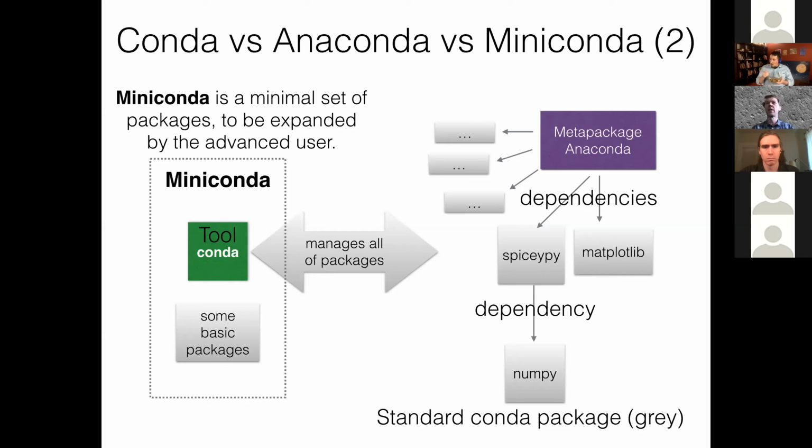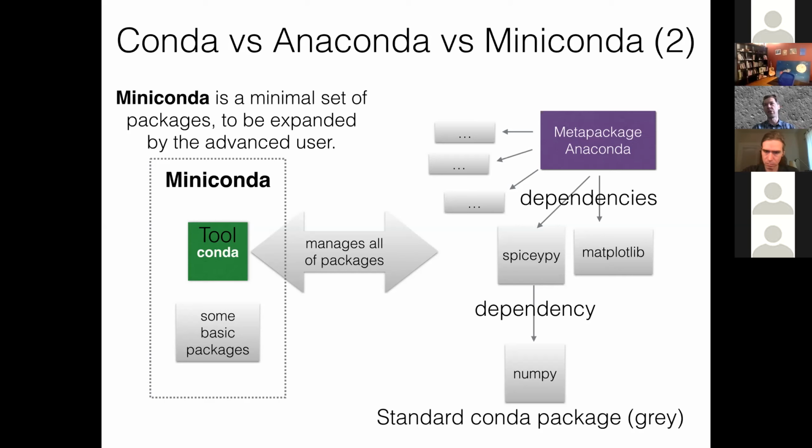Okay, the next thing in the upper right, the so-called meta package Anaconda. A meta package is basically just a list of package names. So it points to huge lists of scientific package names. In this case, scientific, because Anaconda is basically focused on scientific working with Python. So the gray boxes are just packages, and they're all managed by the conda tool.